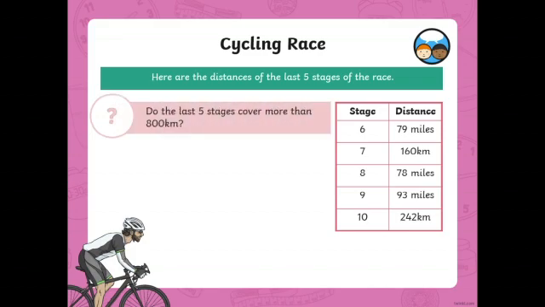So you're going to be doing the same thing, but this time for the last 5 stages. So again, pause the video here and you'll need to convert all your miles measurements into kilometres. Then come back when you want the answers.